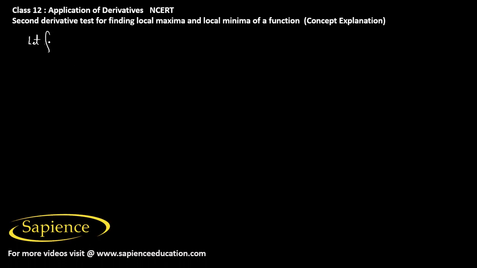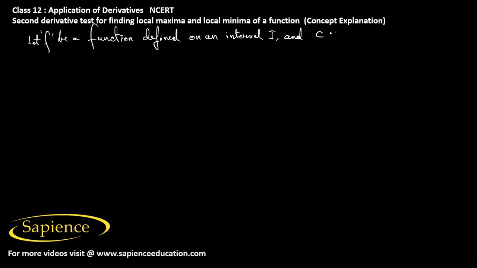Let f be a function defined on an interval I, and let a number c belong to that interval I, and also let the function f be twice differentiable at x equal to c.